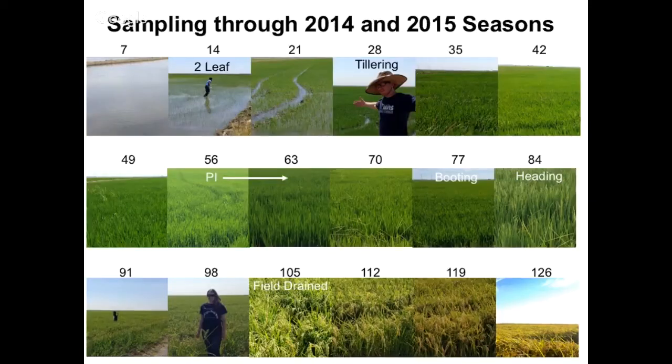So what we did was we just went out to a single field in California, and we collected rice plants weekly and sampled their microbiomes and crunched all the data. And so we hit all of these major developmental points. So germination, this is a really important point of when this is panicle initiation, when the rice plants decide to actually go into the reproductive state. And then we went all the way through senescence.